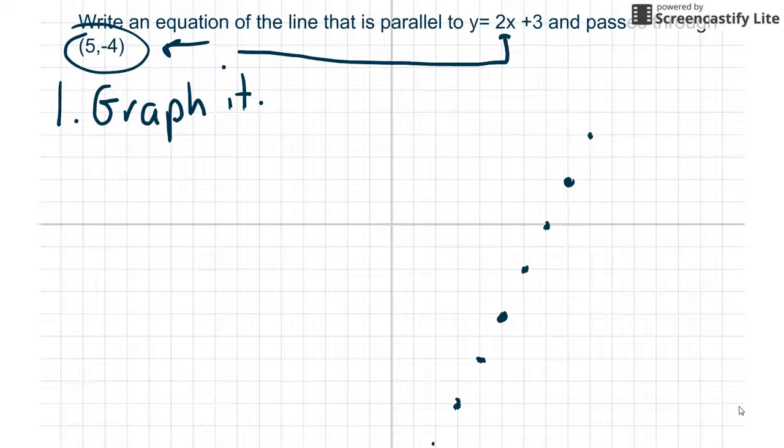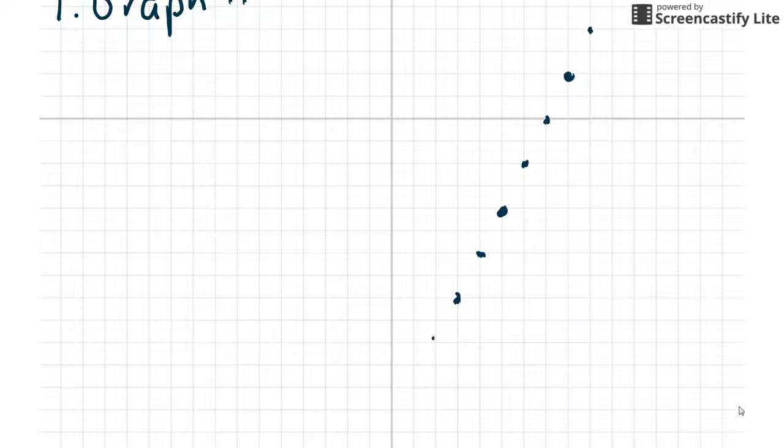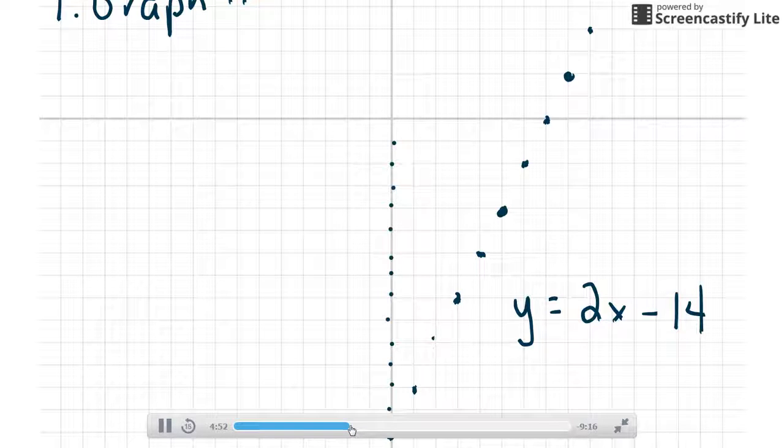And you can write this in slope-intercept or point slope. It doesn't really matter. But I can see here that I still don't have a y-intercept. So it might be easier to write that in point slope. But if I had a little bit bigger piece of graph paper, I'd have to count all the way down here.